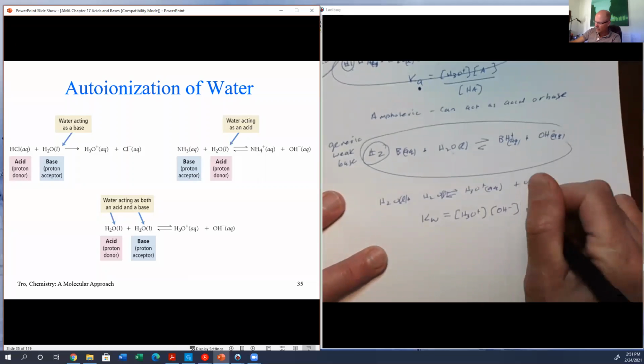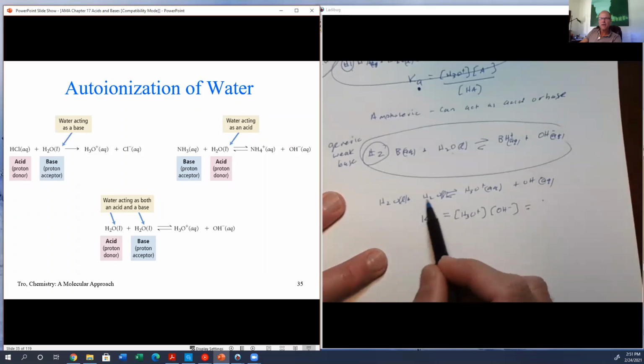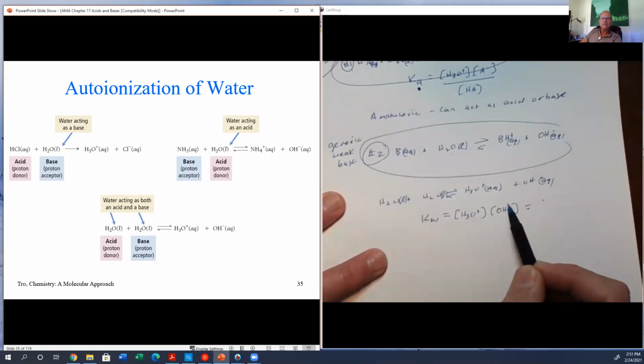And this can be measured, and what do you think? Is it a big number or a small number? Big number? So remember what I said, most of the water molecules remain as water, right? Only a very small fraction of them do that. So what do you think? Small number. So it's a small number.